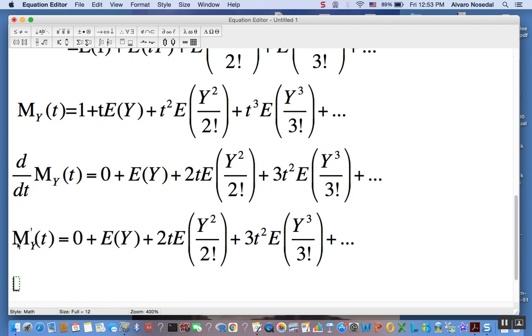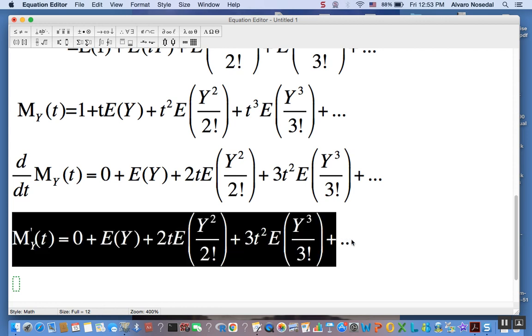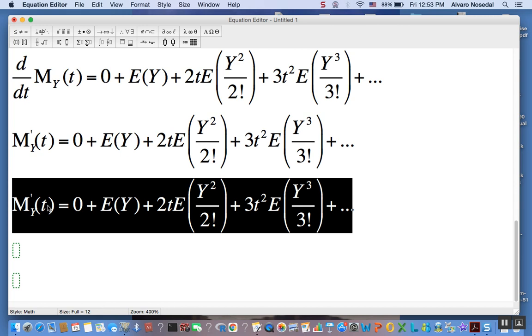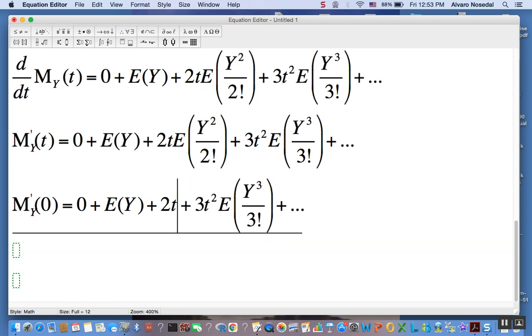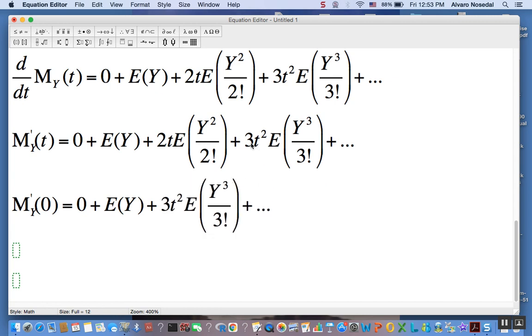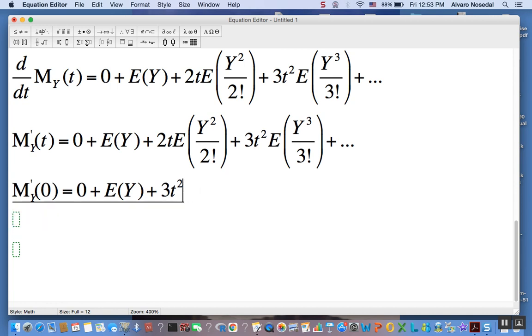Now, using that notation, we're going to be evaluating the first derivative of the moment generating function of y at t equals 0. So if you have 2 times 0, then it's going to be 0. Then you will have 3 times 0 squared, that's going to be 0, and so on.